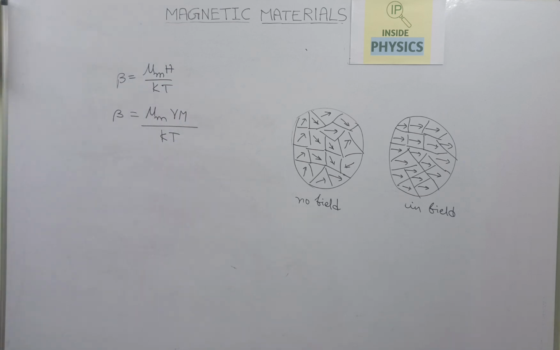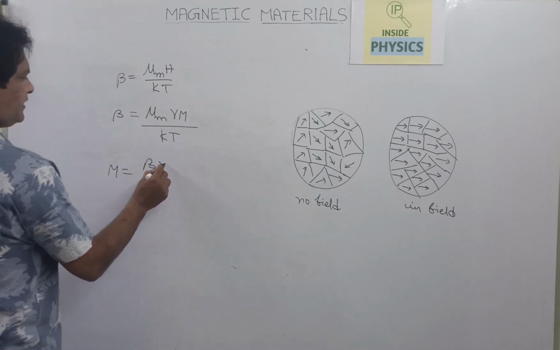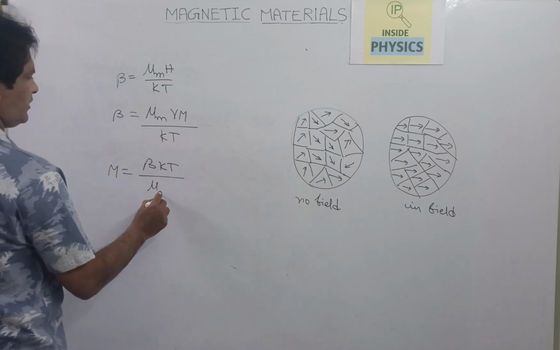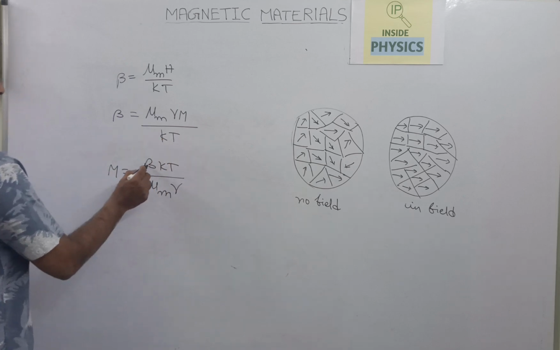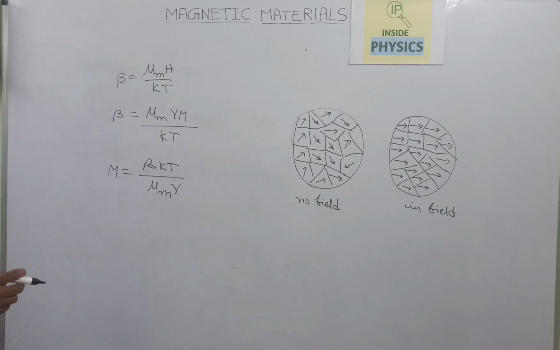What can you understand from this? Magnetization is equal to beta kT by mu m gamma. So there is a direct linear relationship between magnetization and the Langevin variable.